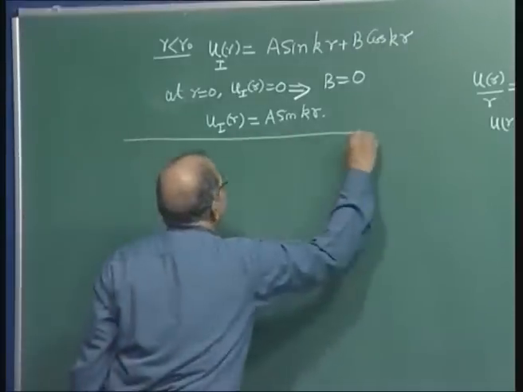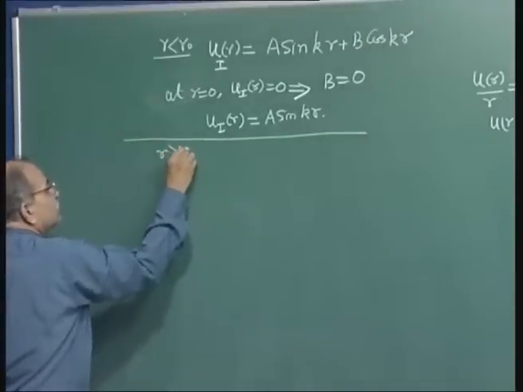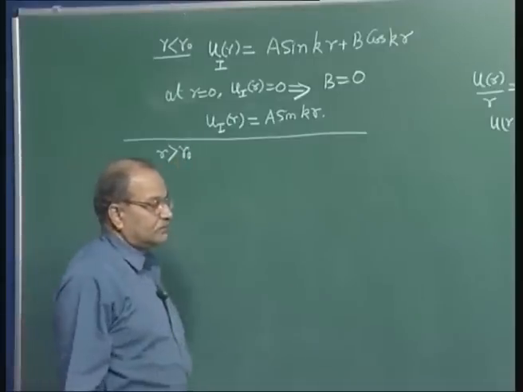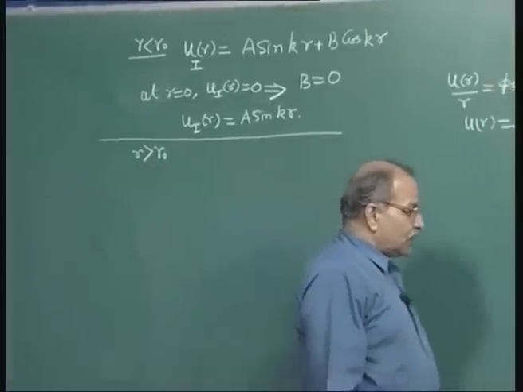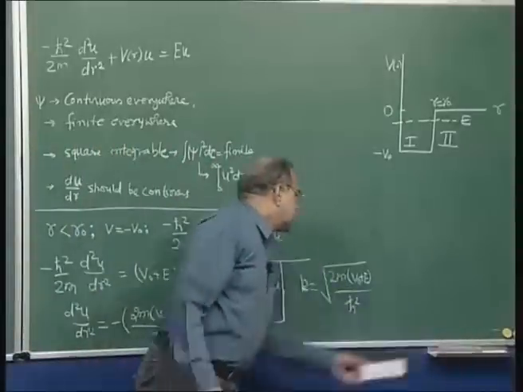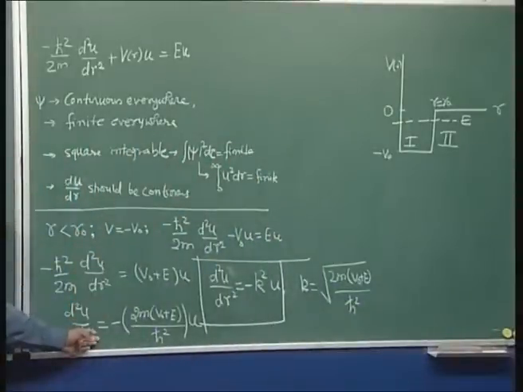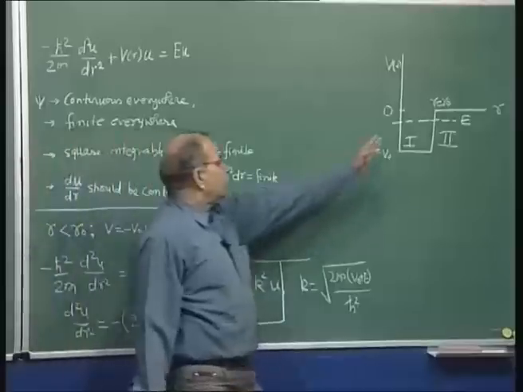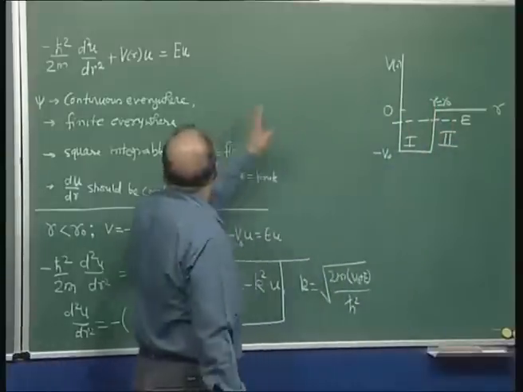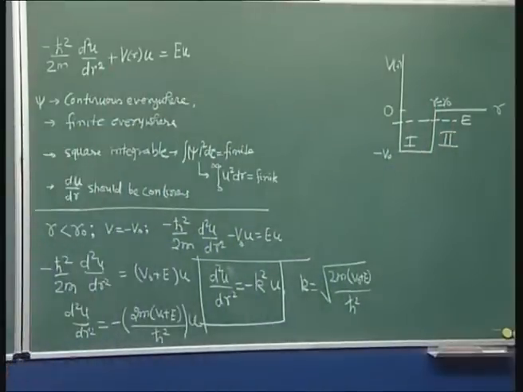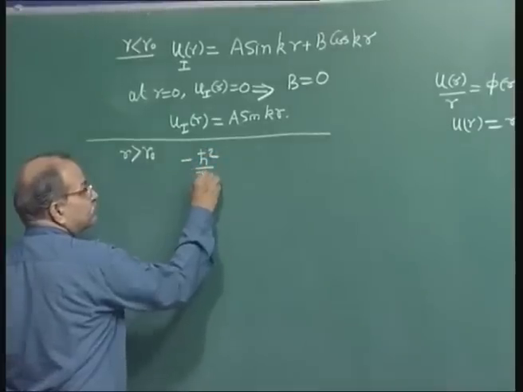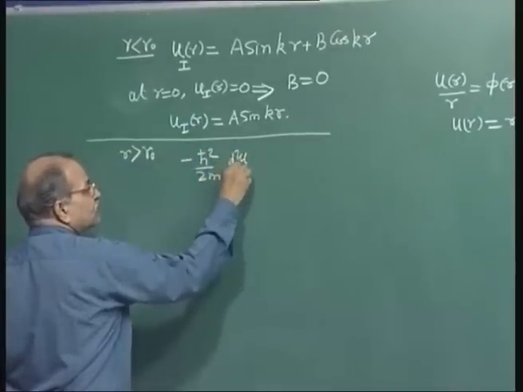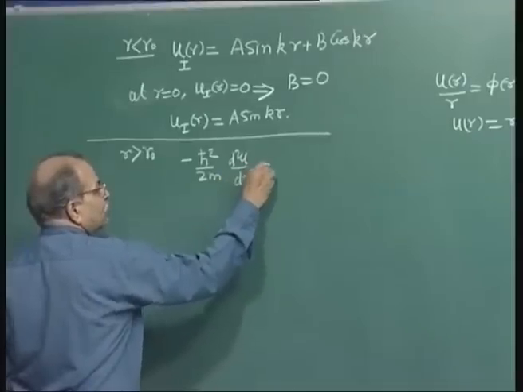Now look at the other region, r greater than r naught. If you do a similar analysis as you had done here, for r greater than r naught, what will happen? V is 0. For r greater than r naught, the potential energy term is 0, and hence your equation is minus h cross square by 2m d2u/dr square is equal to Eu.